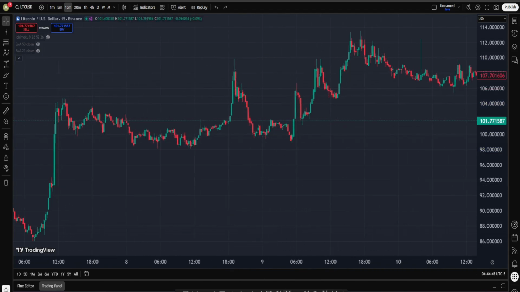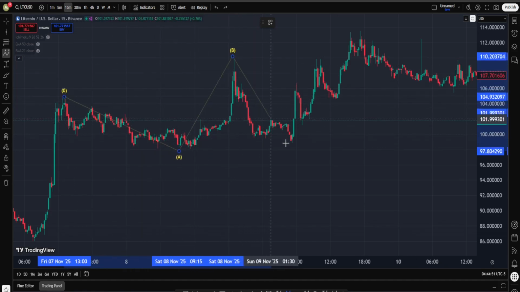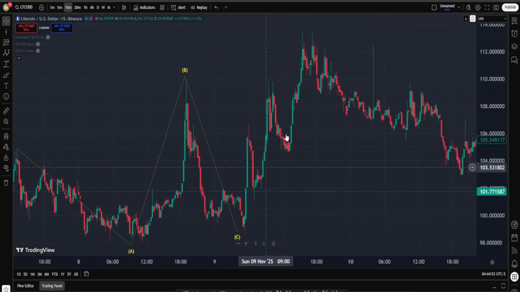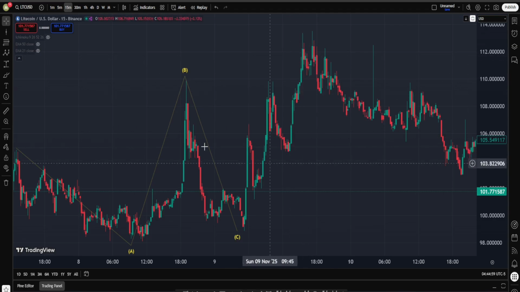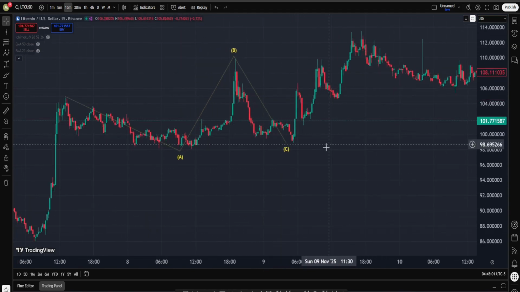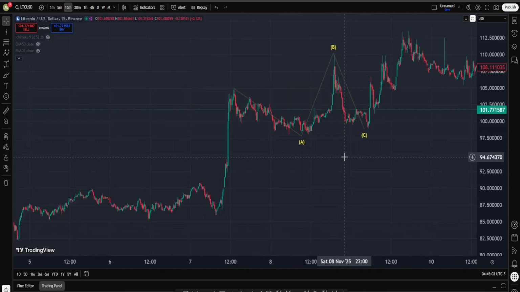So I'm going to say most likely a correction in Litecoin started from this point, and this is going to be an ABC running flat. And I guess, fair enough, this can be a 1, 2, 3, 4, 5 in the form of, I'm going to say, probably an expanding leading diagonal. Generally a 5-wave, the shape of it is not really that important, honestly.